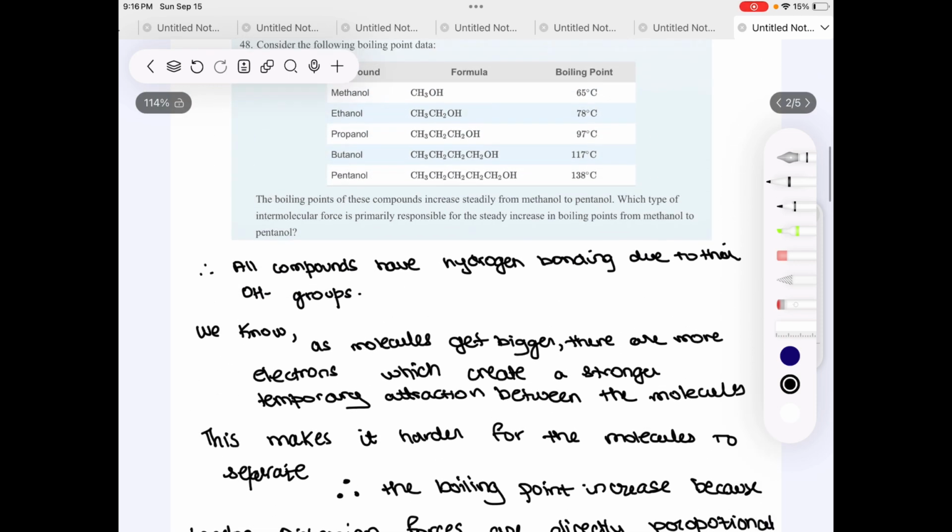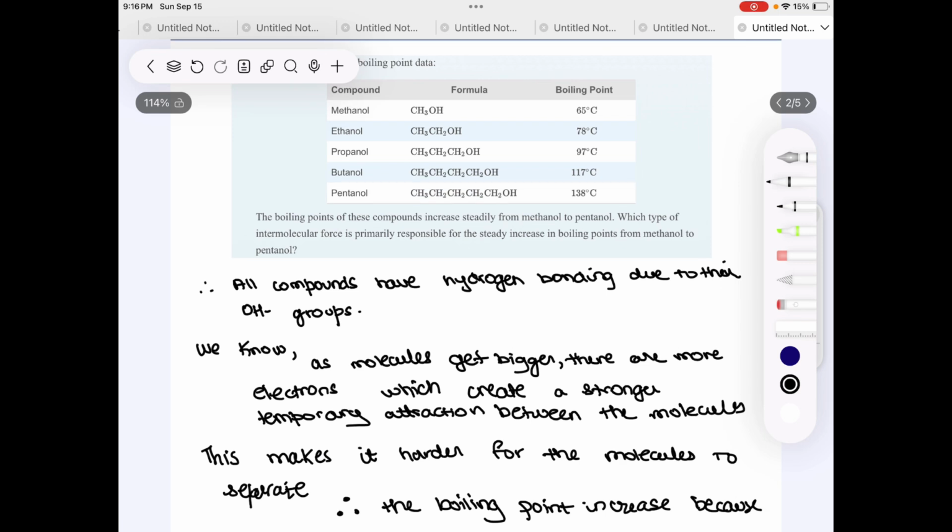Here, the molar mass for methanol is 32.04 grams per mole. For ethanol, it's 46.068 grams per mole. For propanol, it is 60.095 grams per mole. For butanol, it's 74.12 grams per mole.